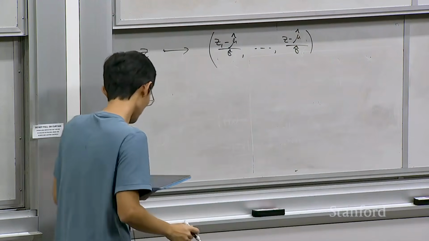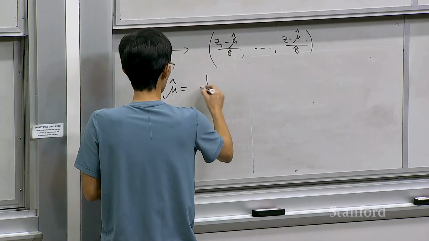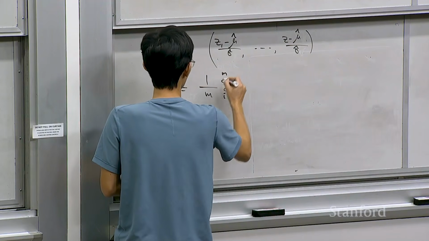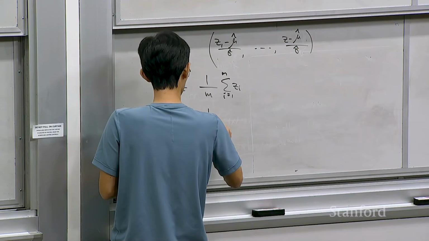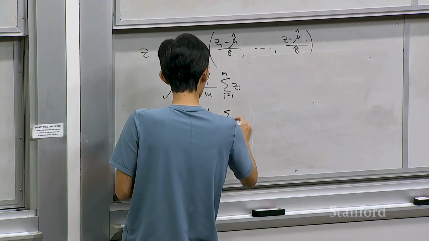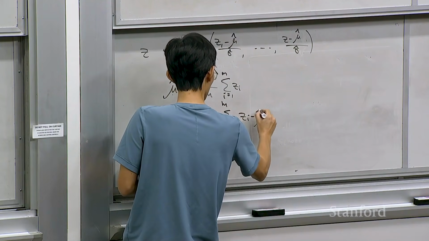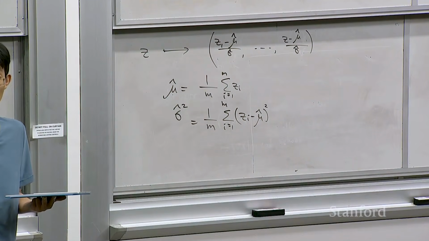So this is how you normalize, where mu hat is the empirical mean, which is the average of all the z's. And sigma hat squared is the empirical average of the squared deviation. So this will empirically normalize it to norm 1.